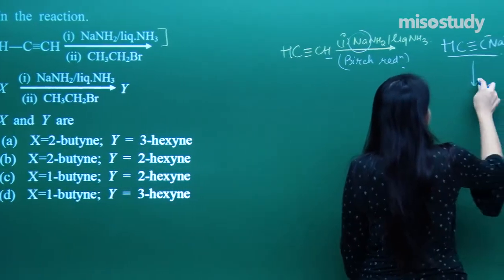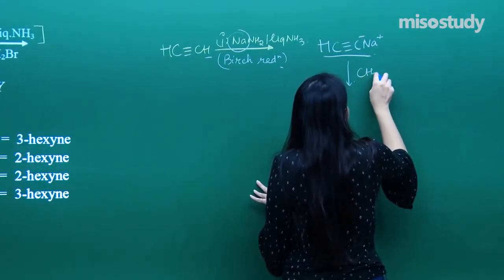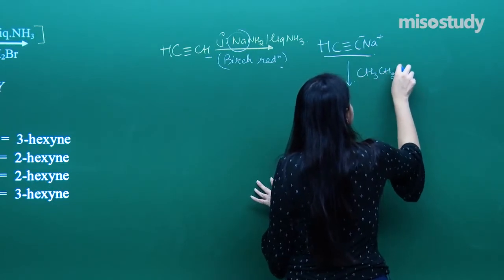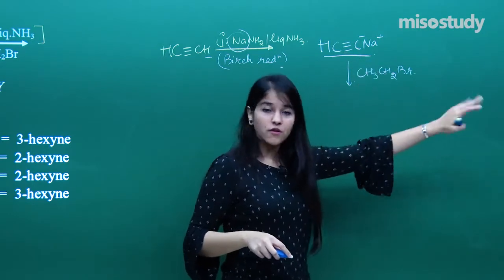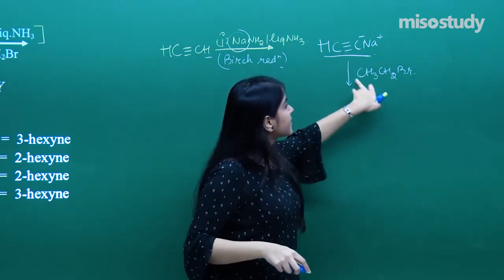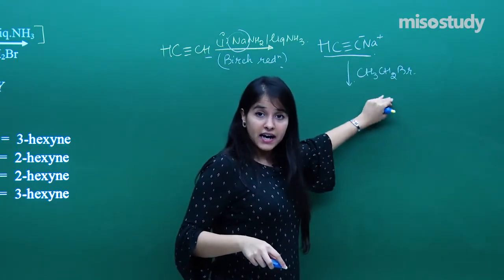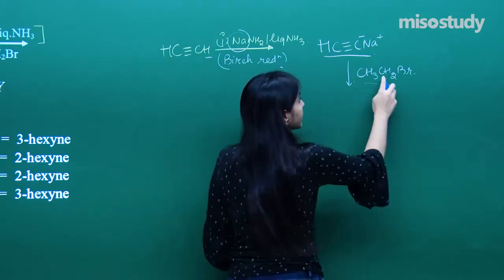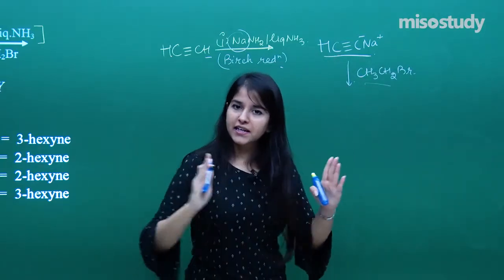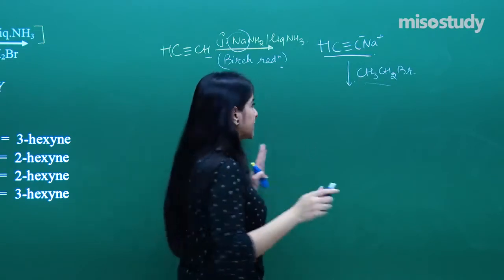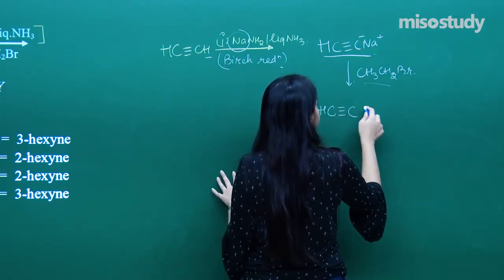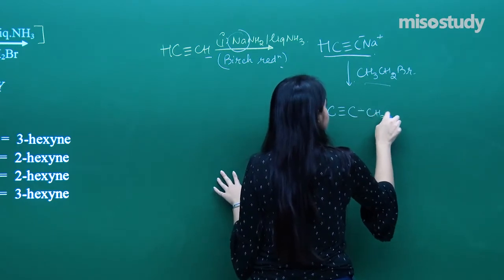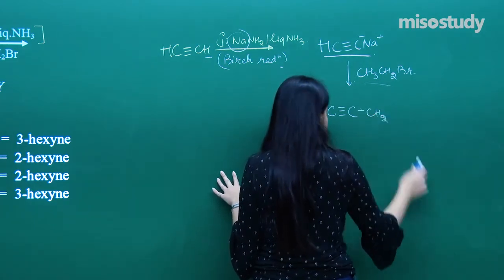So let us just try to react it. Now what will be happening? NaBr goes off and this entire alkyl molecule over here gets attached onto the carbon, increasing the carbons in the main series. So what do I get over here? CH2 and CH3.